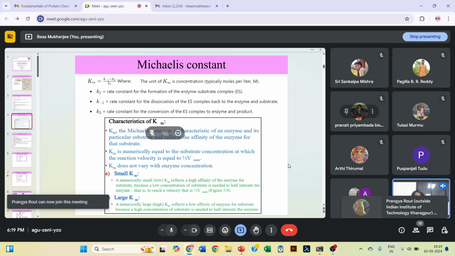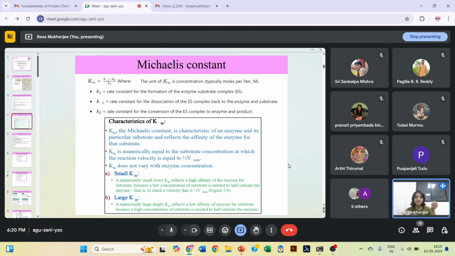And Km does not vary with the enzyme concentration. So a small Km tells you that a very small amount of substrate is needed to get half of maximal velocity. That means there is high affinity between the enzyme and the substrate. Similarly, a large Km tells you that a lot of substrate is required to attain half Vmax.